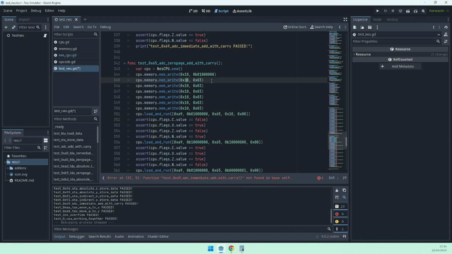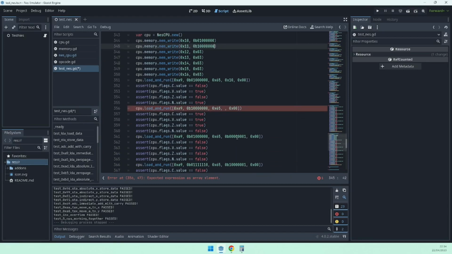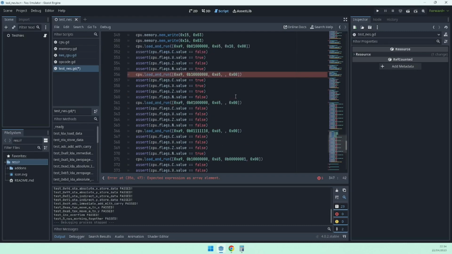And now I can just use the other memory slots, so I don't have to write many times. So I can translate, move this from here to here, from here to here, from here to here.